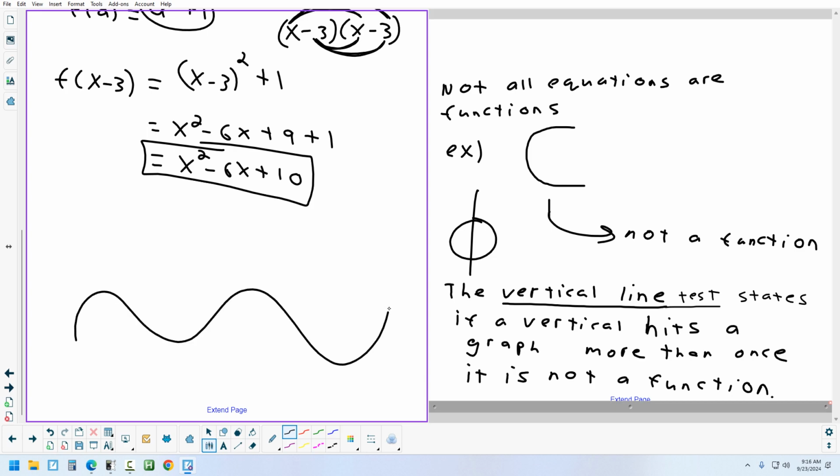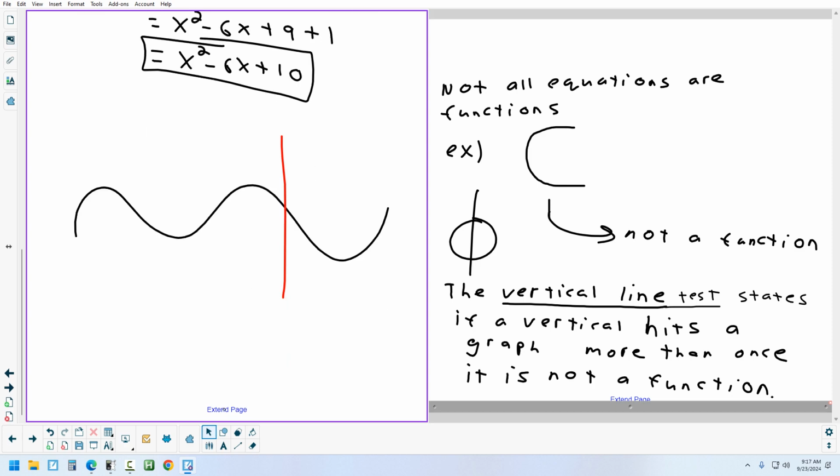Let's say I had a wave like that. And I draw a vertical line. Does this vertical line ever hit the graph more than once, no matter where I put it? No. So that's a function. That's fine. What if I had something like this? It's kind of a wave, but now it's on its side.